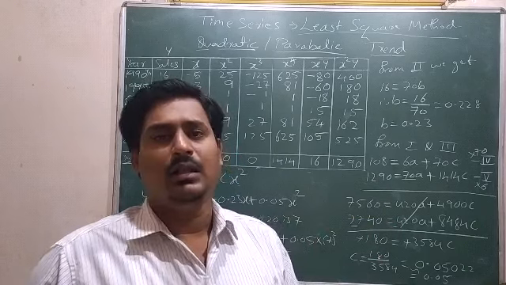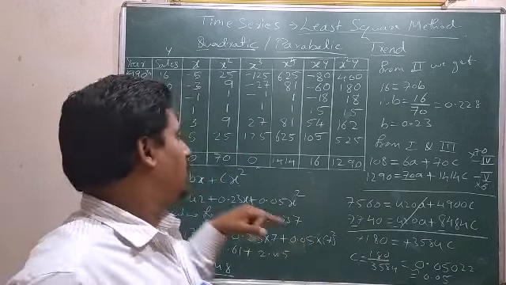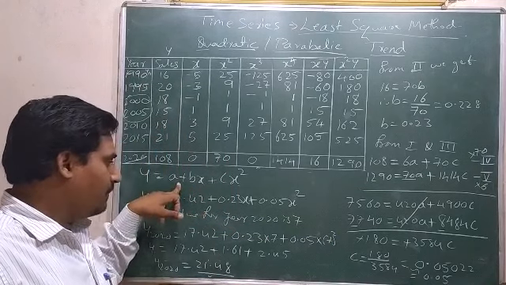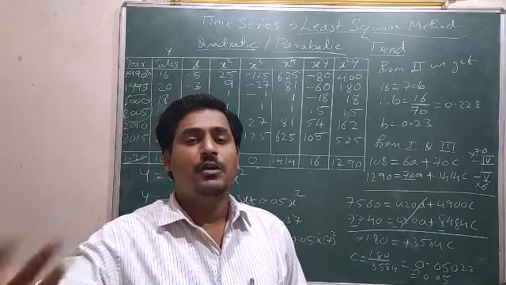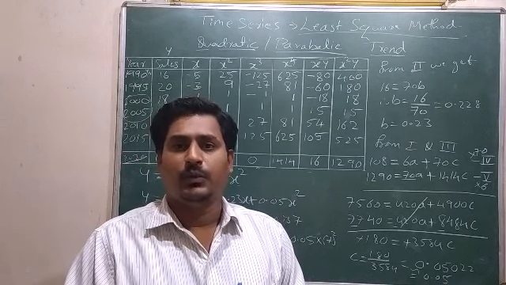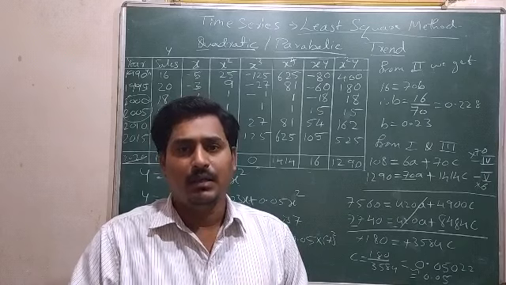By putting all A, B, C in the parabolic equation, we can identify any trend value, and even we can estimate for the future years also. So here we complete the parabolic trend.